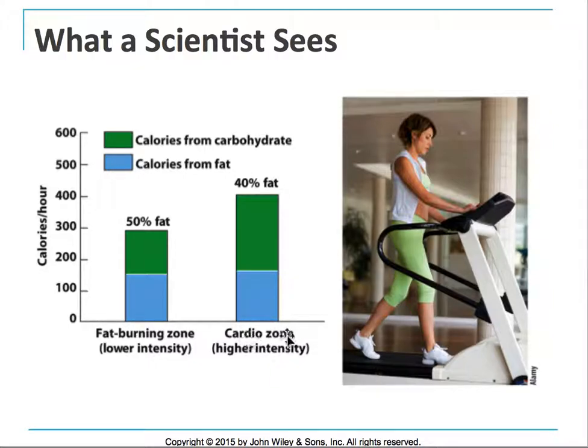At a higher intensity, it's known as the cardio zone, where 40% of the calories burned come from fat and 60% come from carbohydrates. So this can be a little confusing. In a higher intensity activity, a lower percentage of the calories burned come from fat.